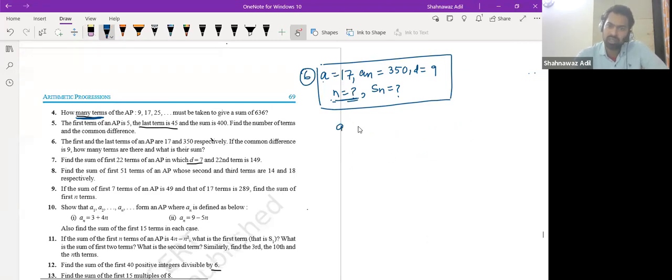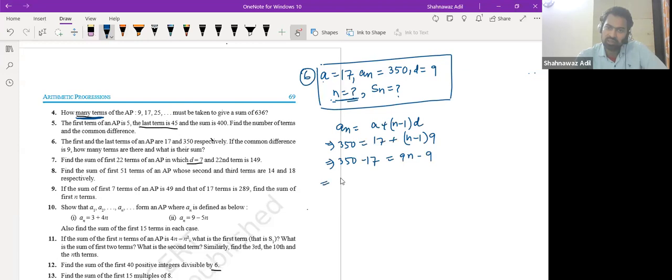So An is A plus n minus 1 into d. An is 350, A is 17, n minus 1 and 9. So this is 350 minus 17 and then 9n minus 9. So this is how much? 333 plus 9 and then 9n.